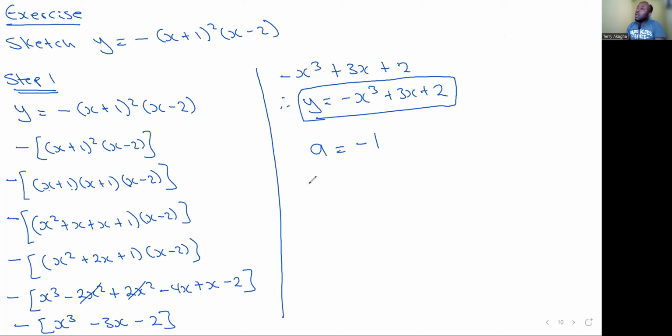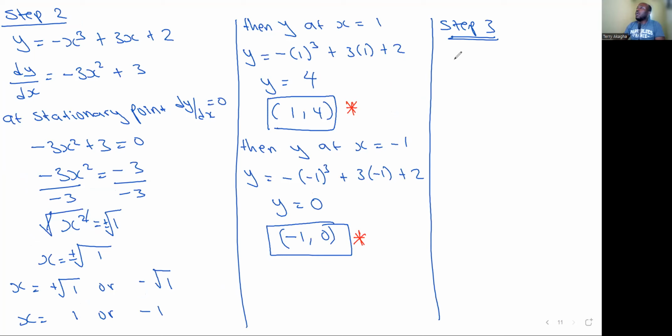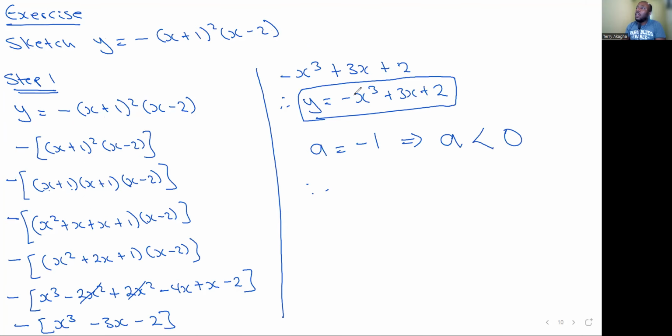So that means we're expecting a kind of increase function. So a is equal to minus 1, which implies that a is less than 0. So for step 3, we can say a is less than 0, and we have 2 stationary points, because in step 2 we found 2 stationary points, and we know a is less than 0 because the a in the function here is minus 1.